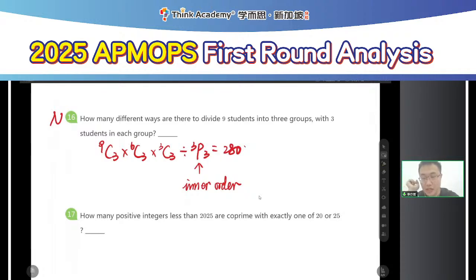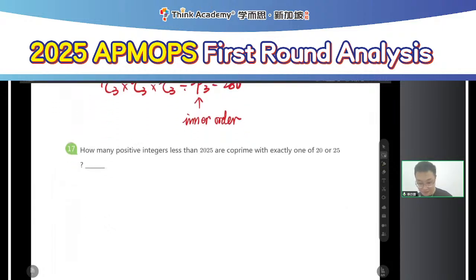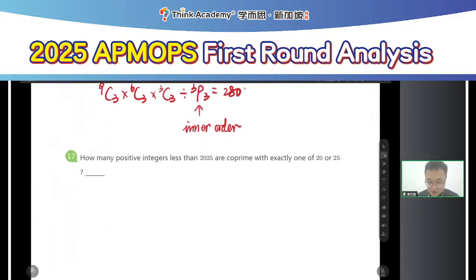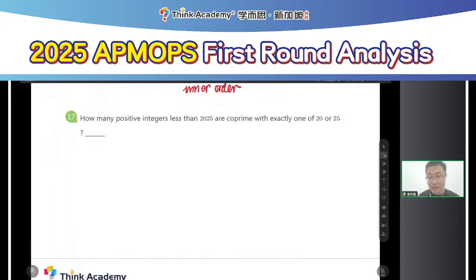It's easy for you to forget to divide by 3P3, the inner order here, because the 3 groups are the same, right? So you should remove the inner order for the same groups. Very easy to make mistakes, so I treat this as a normal question instead of an easy one. And then question 17. This question is tricky. Actually, it's an easy one, but it's a little bit tricky.